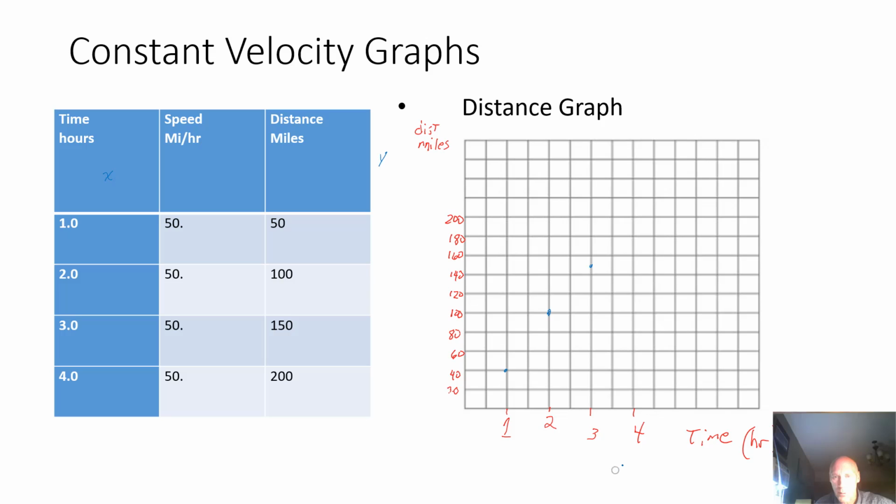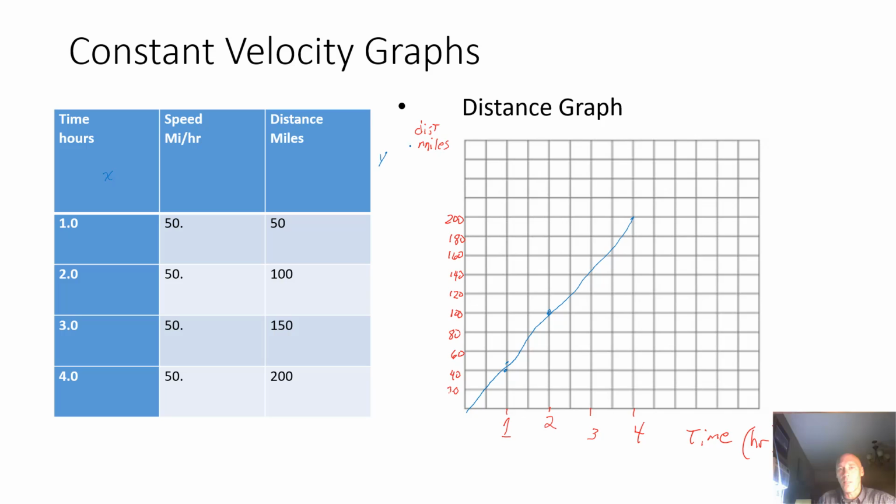And after 4 hours, it's going to be 200. Actually, the 50 mark should be right about there. Okay, so that's a nice linear graph. You're going to have something like that. Try to use your ruler and do a straight line right to that. Okay, so there's a distance versus time graph for constant velocity.